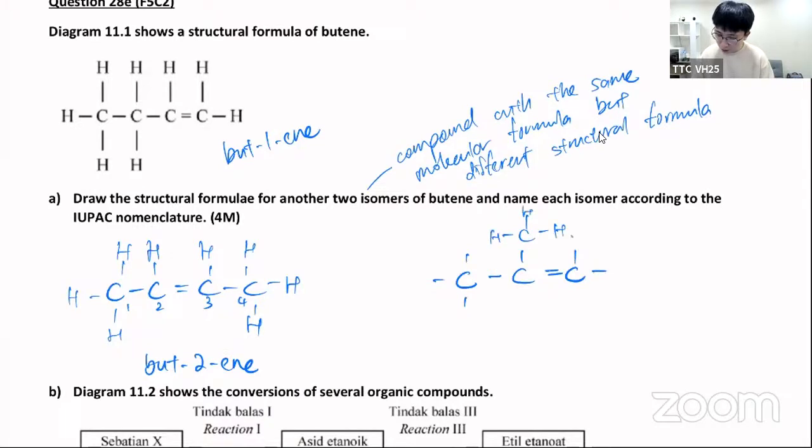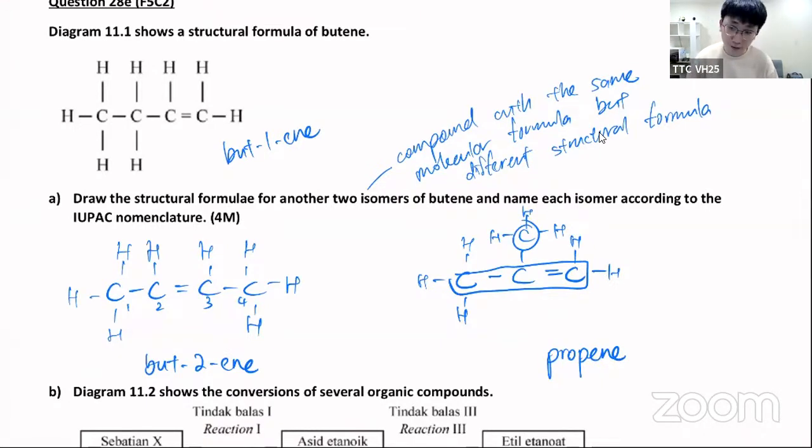So what do we name this? This is no longer a butene. This is only left with 3 carbon. We call this a propene. But this propene got a carbon that is not together in the chain. We call it a tail. So what do we call a tail with 1 carbon?